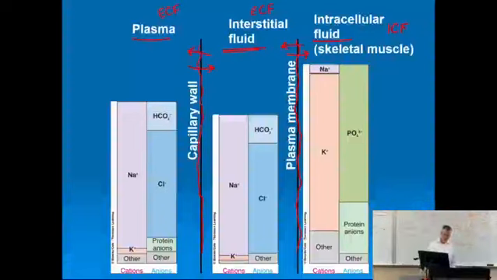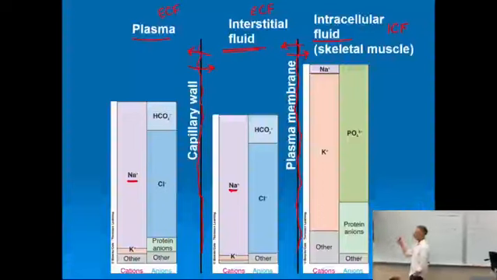These are little bar graphs, and the bigger the bar, the more of that particular ion. In the extracellular fluid, the dominant ion, whether we're in the blood or the interstitial fluid, is sodium. Tons of sodium. Sodium is the #1 extracellular ion or electrolyte.